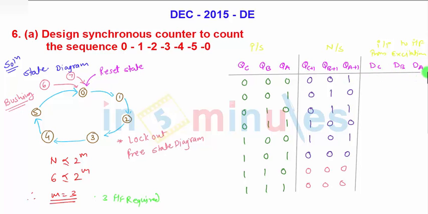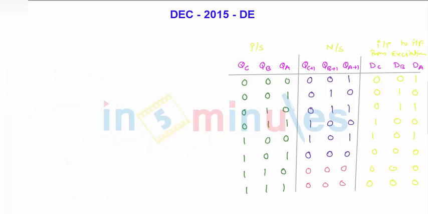So the next state column is copied as it is here. Now depending upon this, we need to solve the K-maps for DC, DB and DA.